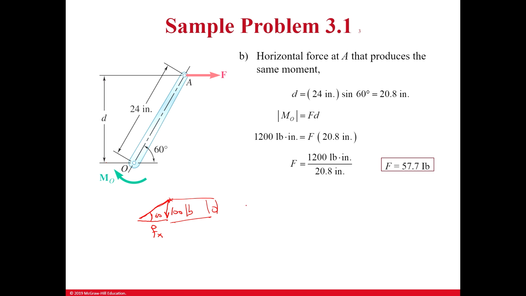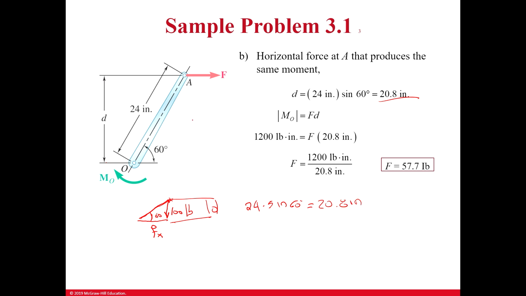So 24 times sine of the angle, which is 60, is equal to 20.8. Okay, 20.8 inches.